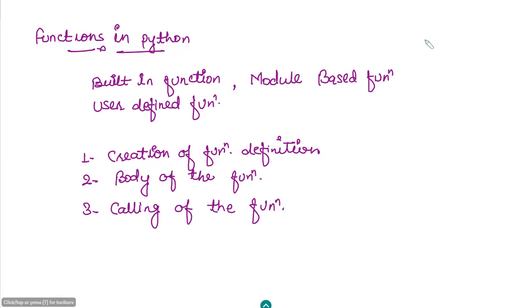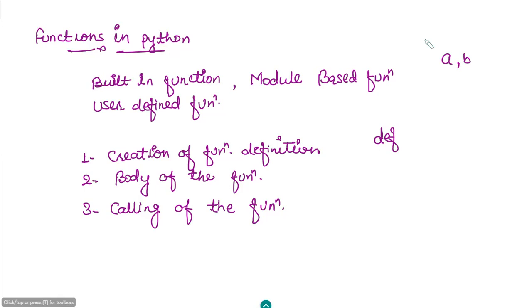So how to create a function? We have a keyword that is def. The def keyword is used to create a user-defined function. Suppose you want to create a function to add the sum of two integer numbers, a and b, or you can take any other example.